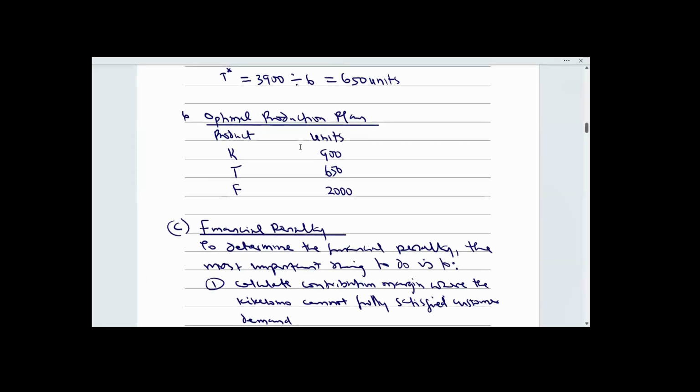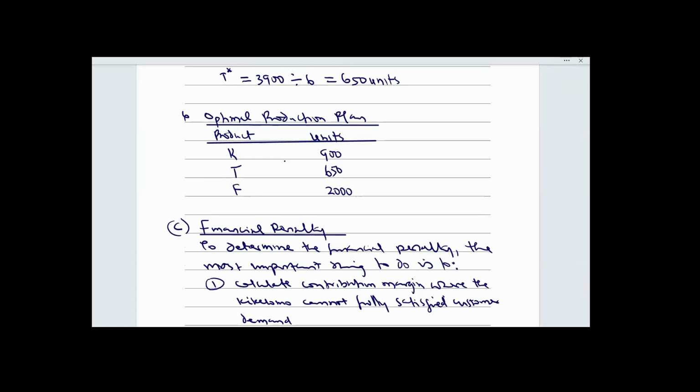In this production plan, since you want to give high priority to the special order, out of the 900 units of K, you are going to give 400 for special order.